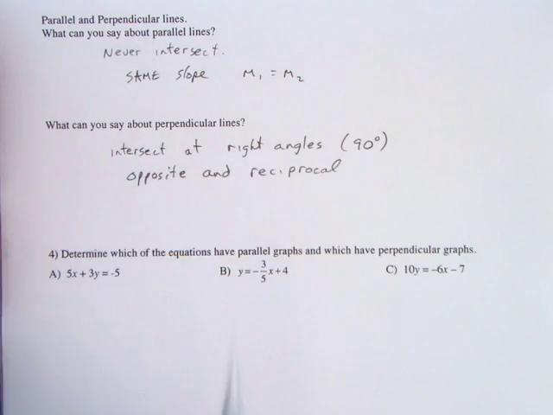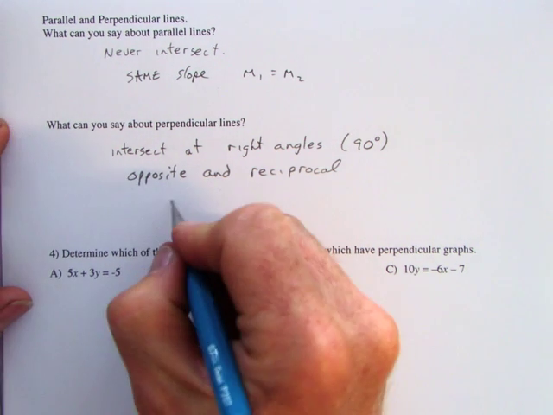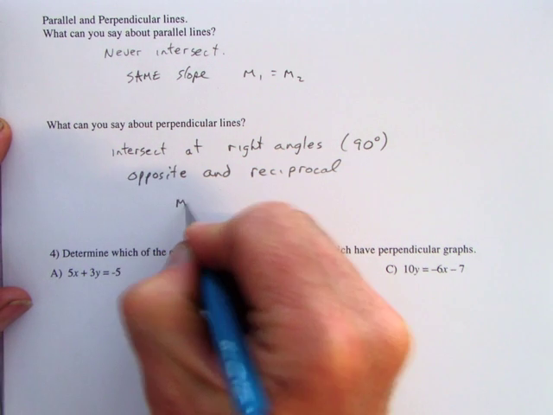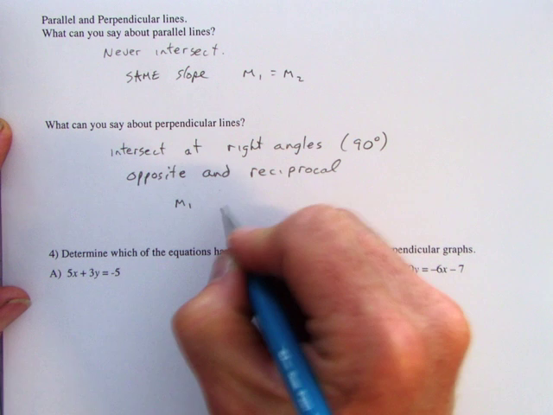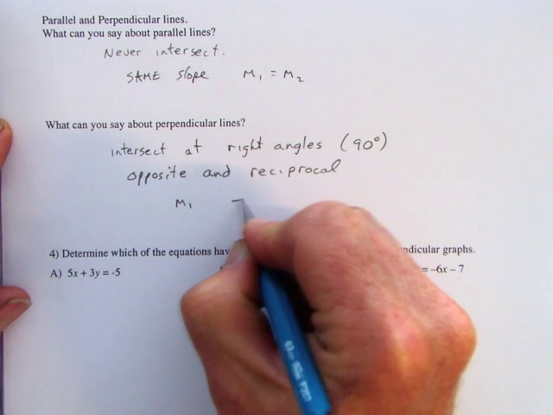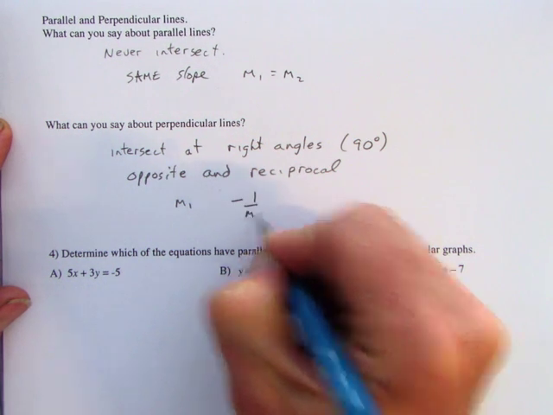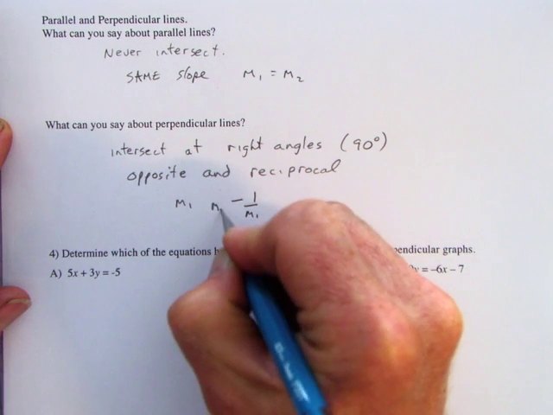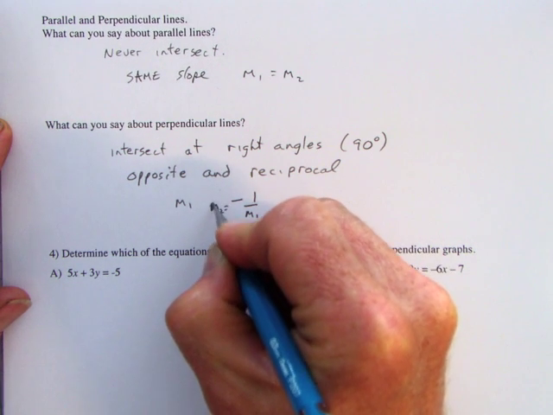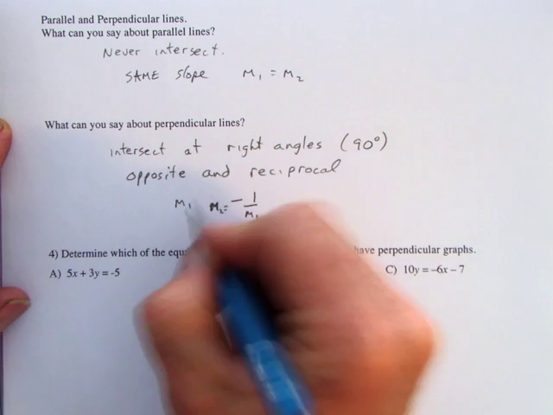So we change the sign, we flip the fraction. So if one is M1, then the other one is opposite and reciprocal, negative, so M2 will equal negative 1 over M1.